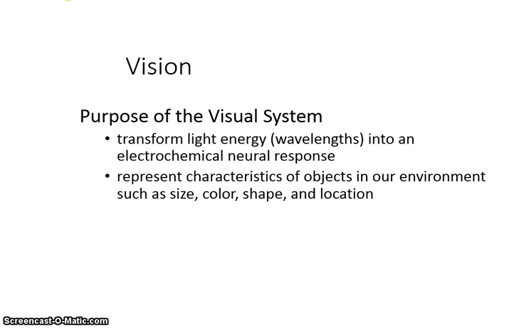First, the purpose of the visual system is to transform sensory input that is in the form of light energy or wavelengths into a neural response, which is an electrochemical neural response that can be interpreted and processed by the brain. So remember, in the previous chapter, we learned that neurons communicate both electrically and chemically.